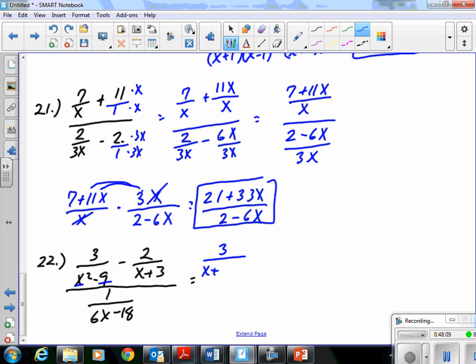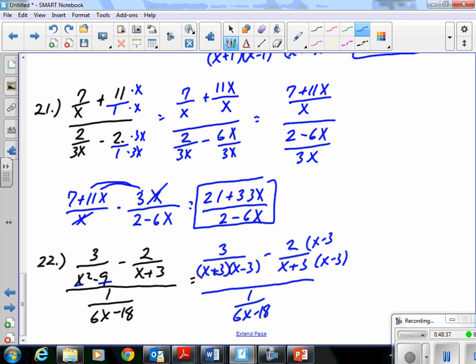So we can rewrite it as those added and subtracted together. So (x plus 3)(x minus 3), minus 2 over x plus 3. That's over 1 over 6x minus 18. So common denominator on the top, you got (x plus 3)(x minus 3). The one on the right has x plus 3, so it needs the x minus 3. So multiply the top and bottom by x minus 3.